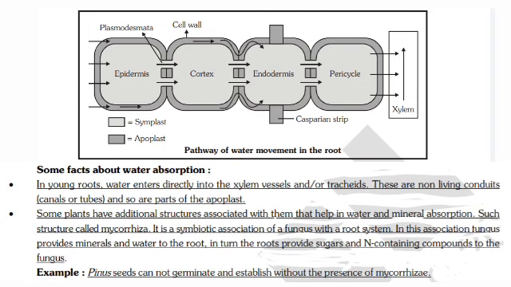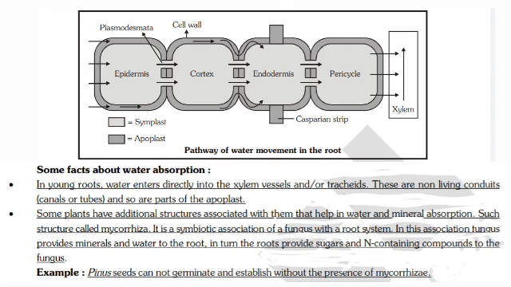Some plants have additional structures associated with them that help in water and mineral absorption. Such structures are called mycorrhiza. It is a symbiotic association of fungus with a root system. In this association, the fungus provides minerals and water to the root.